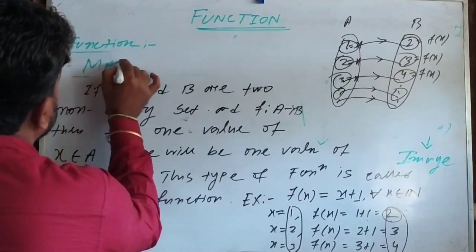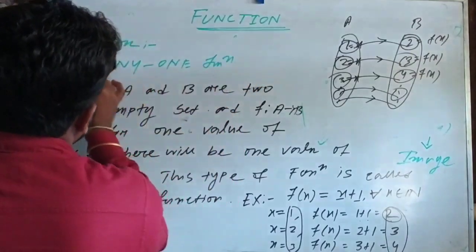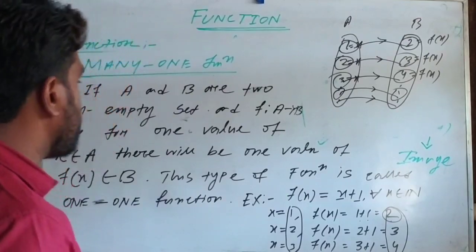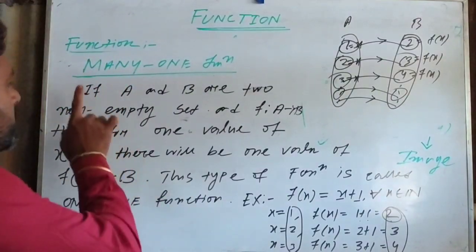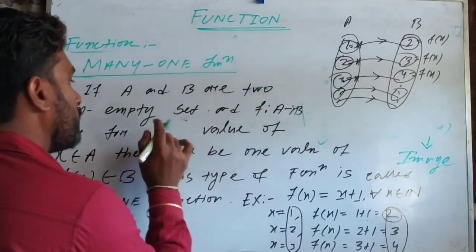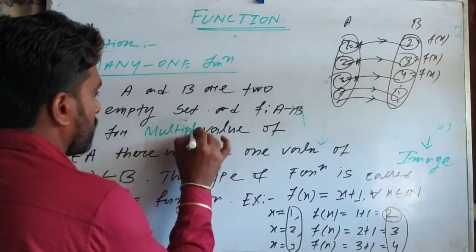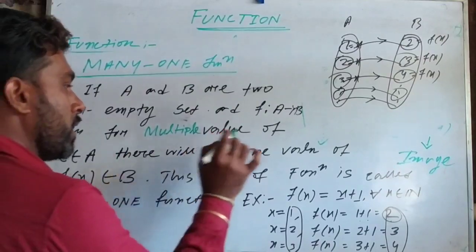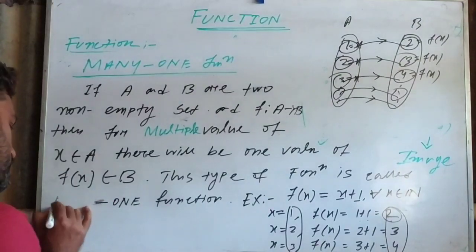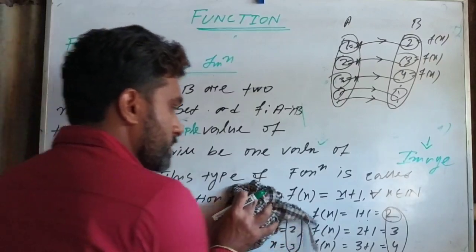Many-one function. Let us go to the definition and the concept. If A and B are two non-empty sets, for multiple, just use this word, multiple values of x, there will be one value of f(x). This type of function is called a many-one function. Okay? Just write the example.